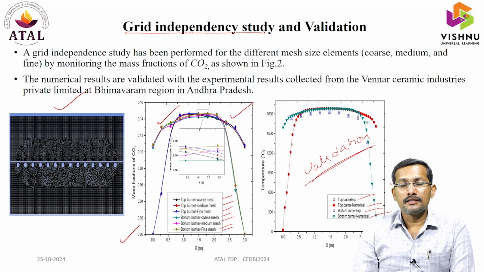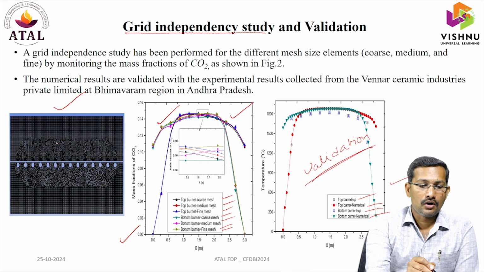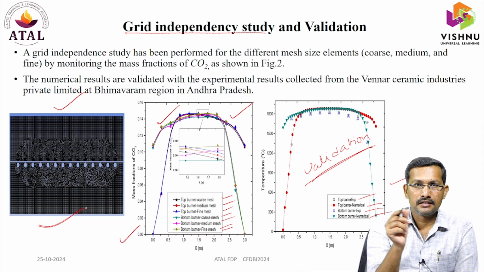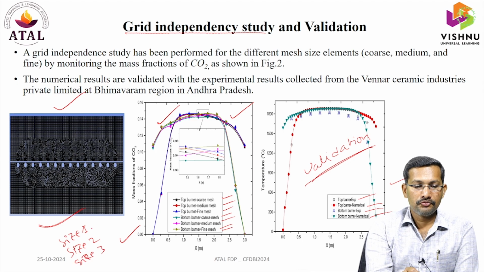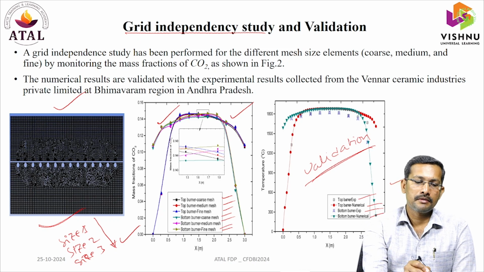Grid independent study is nothing but, suppose these are all the grids. This is the mesh generation. Mesh and grid are similar. Here I am going to consider some size 1, size 2, size 3, like that. If you consider more sizes, these mesh elements will vary.